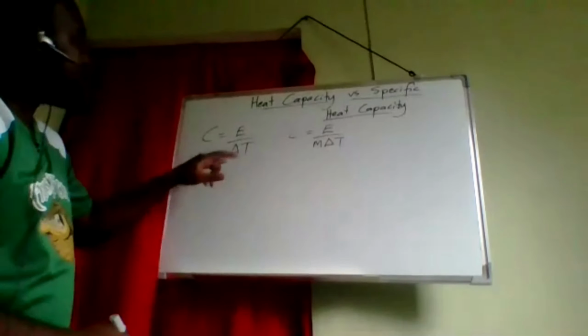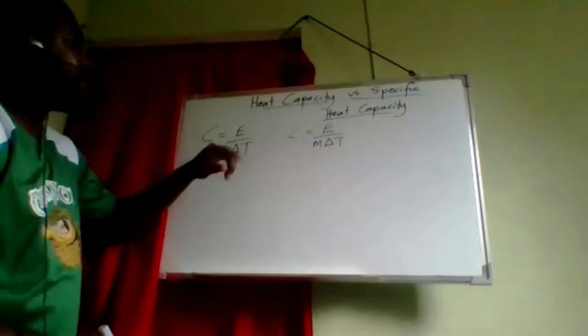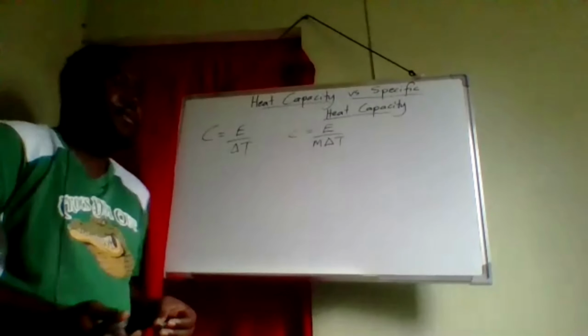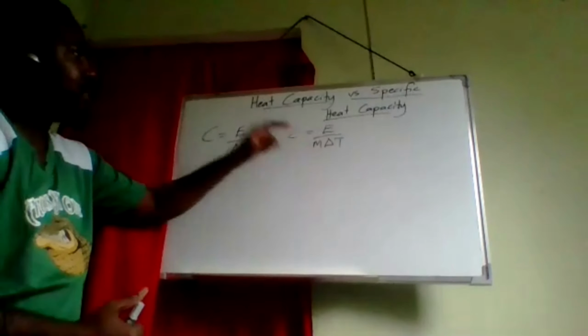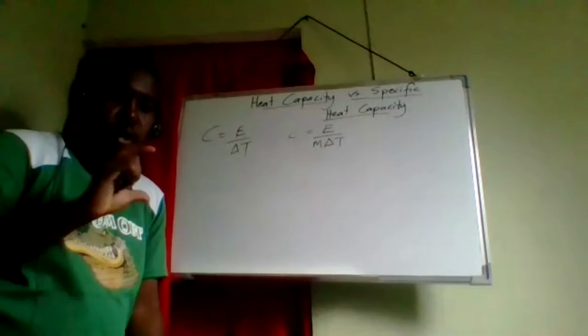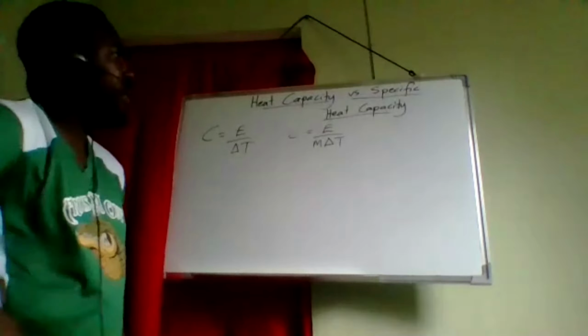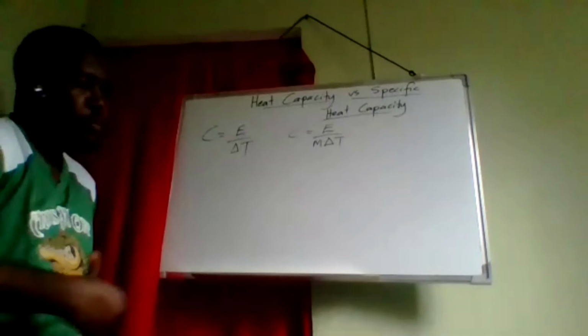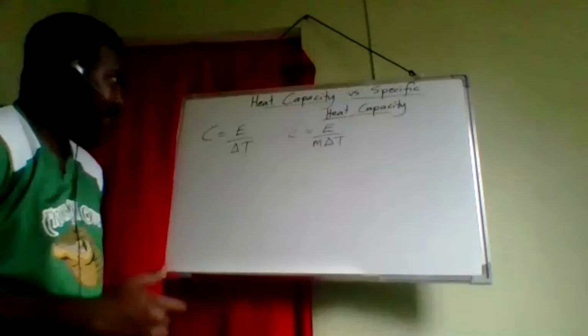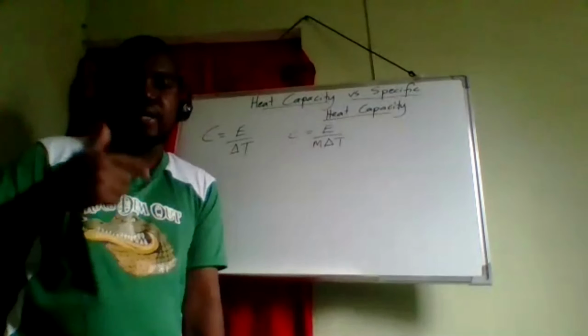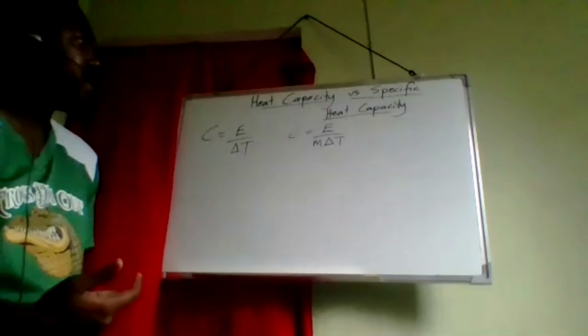So we notice the difference here is that this equation has a mass and heat capacity doesn't. So the difference is that specific heat capacity only concerns 1 kilogram, right? So that's why it's called specific. Any quantity in physics that says specific of anything is only pertaining to 1 kilogram of that substance, right?